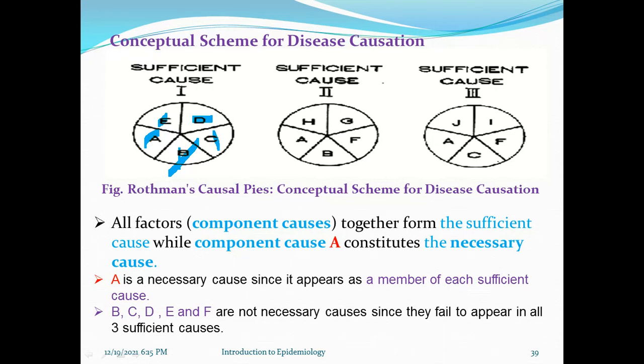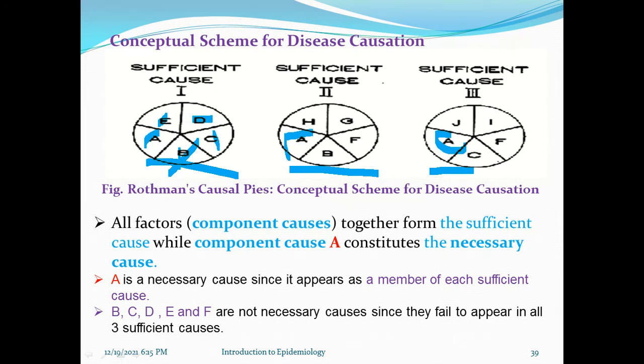While a component cause, A constitutes a necessary cause, meaning A is found in all three pies. This is A, this is A, this is A. A is found on the three pies. So A is considered to be the necessary cause, since it appears as a member of each sufficient cause.